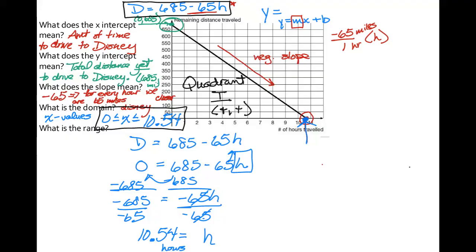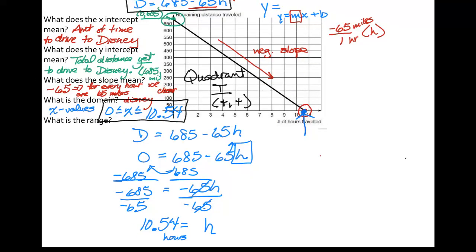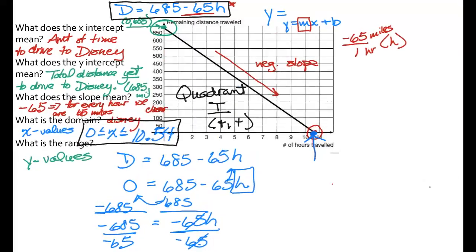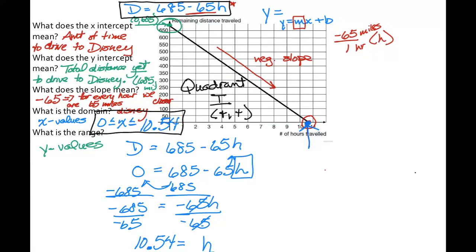How about the range for this particular problem? First of all, what is the range? Your y values for this particular problem. What is my highest y value? 685, yes.